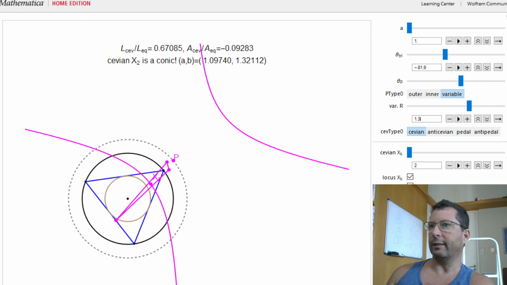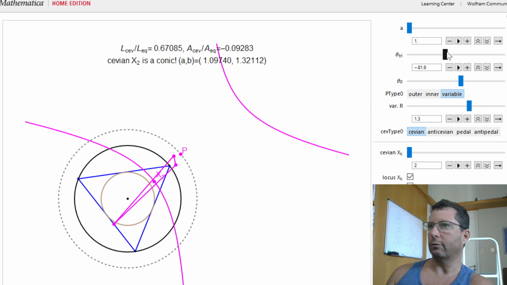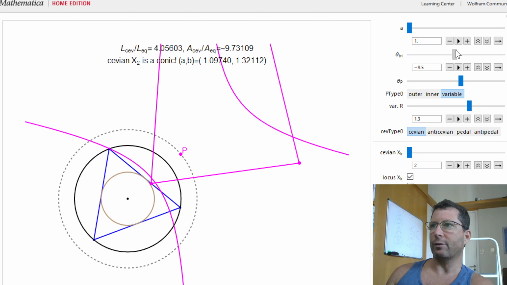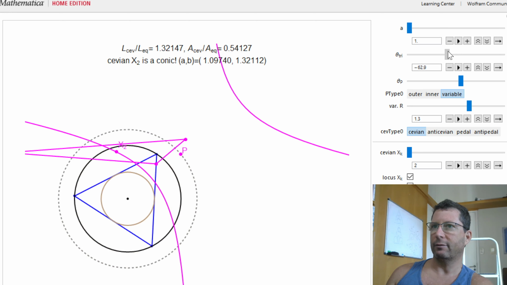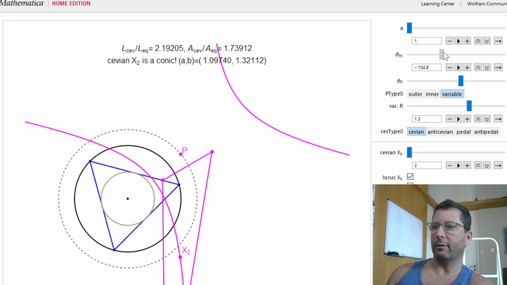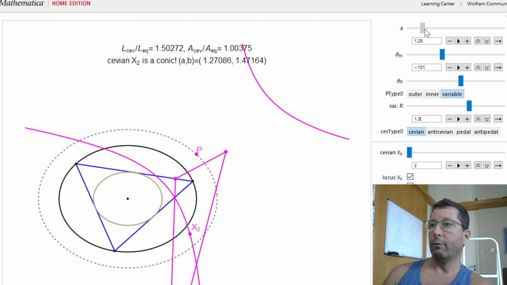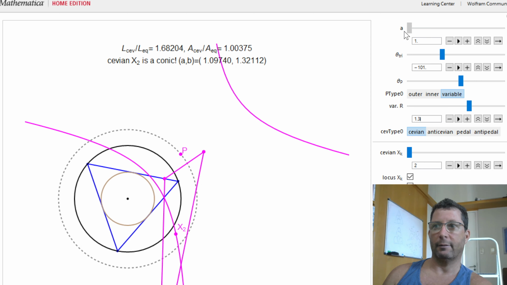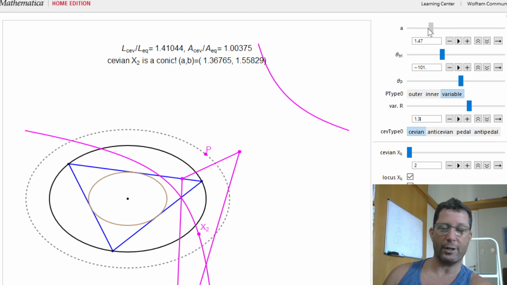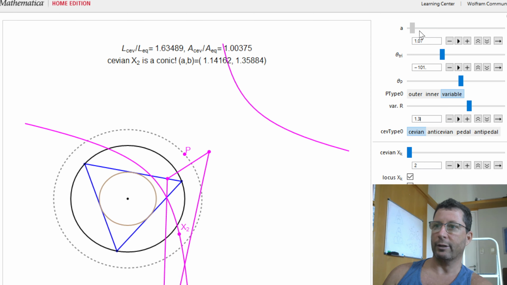So interestingly, the locus of x2 when P is outside of the circumcircle is a hyperbola with major semi-axis along the line from the center of the system to P. What happens if I apply an affine transformation? It remains a hyperbola. All the constructions here are projectively invariant, so x2 is going to remain a hyperbola.